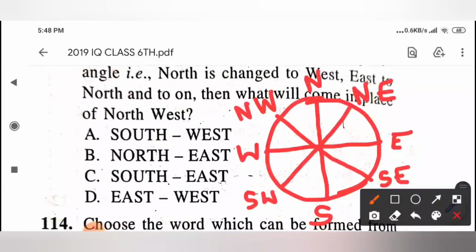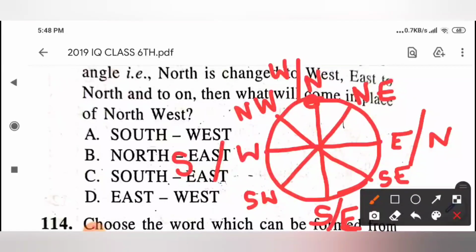When rotated clockwise 90-degree, north will come to the place of east. I'm writing here. East comes to the place of south. South occupies the place of west. West occupies the place of north. Similarly, rotating 90-degree clockwise, northeast occupies the place of southeast.